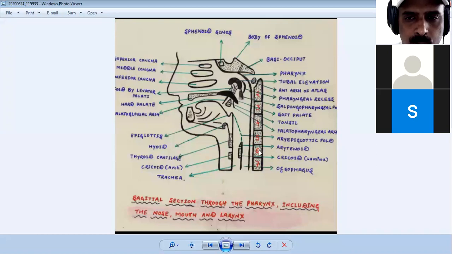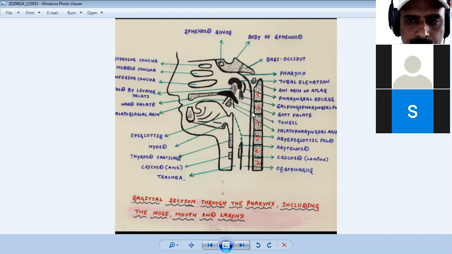Third and sixth, lower part. Fourth, and we are going to get the fifth cervical vertebrae. That is almost all they are making. See, upper border of the sixth cervical vertebrae and lower border of the third cervical vertebrae and fourth and fifth cervical vertebrae, they are making the posterior wall for the laryngopharynx.